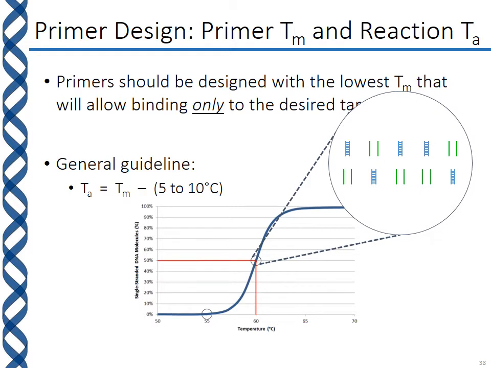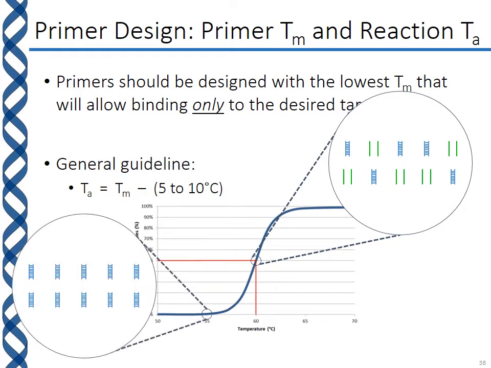But if we take a look lower on the curve, so this DNA curve has a TM of 60. If we look at 55 degrees, it's about 0% single-stranded frequency. And so we see all the molecules here being double-stranded. That is to represent the primers being bound and able to stay bound.